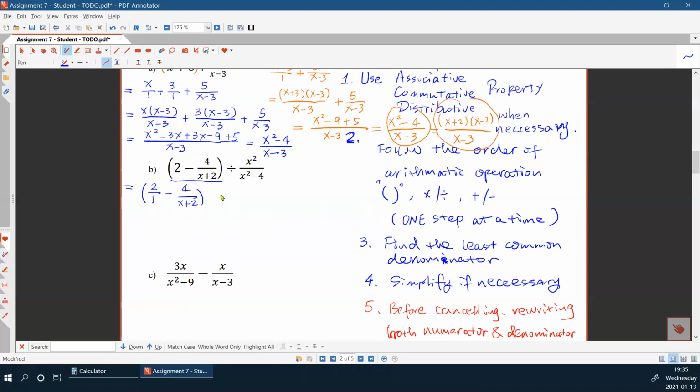This is the first part of the expression. And this divided by something is multiply the reciprocal of this expression, right? Okay, then now we calculate the first part first. Common denominator is x plus 2. Then the first term becomes 2x plus 4, right? Minus this one.